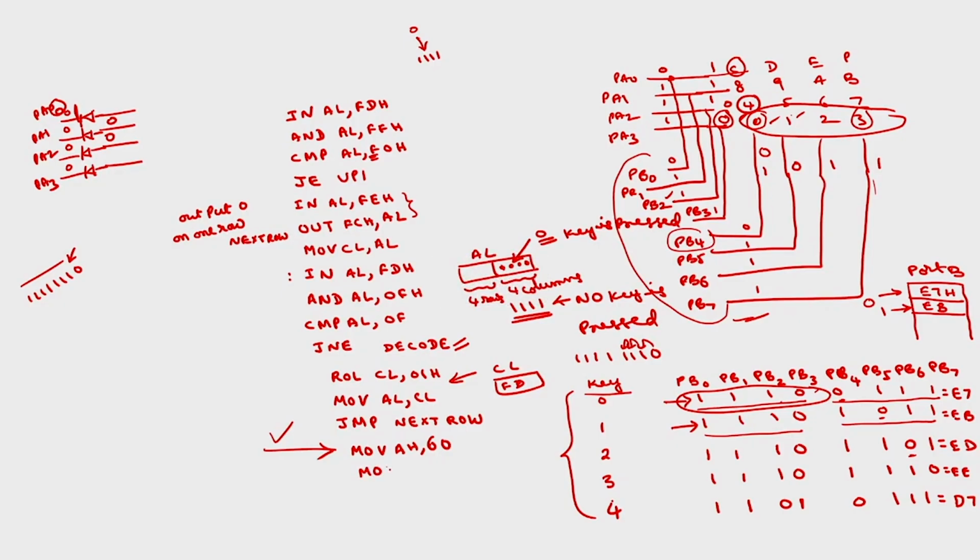MOV SI, AX, then MOV AL, contents of SI, because in that particular location we have the code corresponding to the key that is pressed. I am going to take that into the accumulator, then halt. So this process is to decode the key. This is how we can interface the keyboard to the 8086 microprocessor.